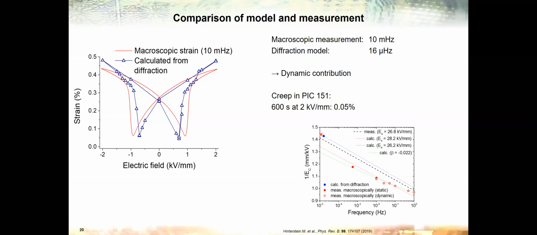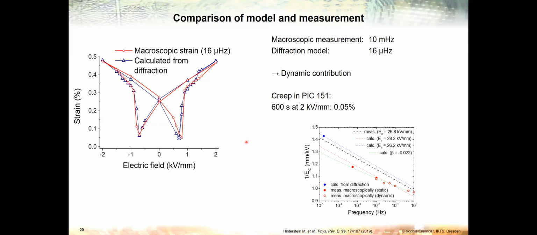So we could explain this by the different frequency, the coercive field behavior. And Sophia Esslinger, a PhD student, built a sample environment where she could apply the electric field and measure the strain macroscopically very slowly, here in red. And then you can see that the agreement is really nice.